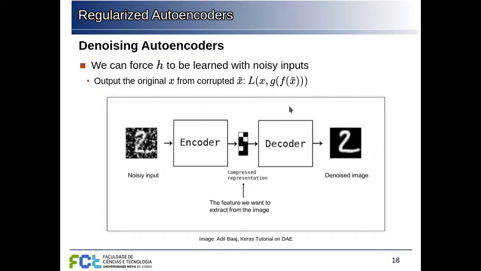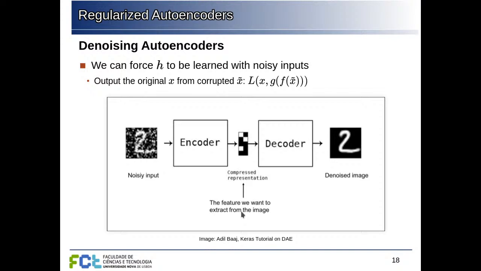So it must learn to reconstruct the original data from a corrupt version by adding random noise. This is, in a sense, also a regularization method. We saw this. Noise injection is one way of trying to minimize overfitting and regularizing the training. And in this case, we are using that to force the autoencoder to learn something useful.